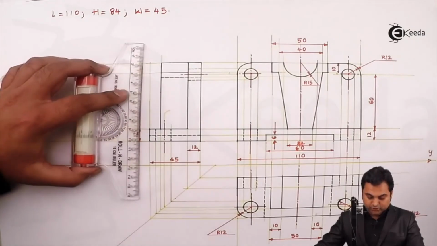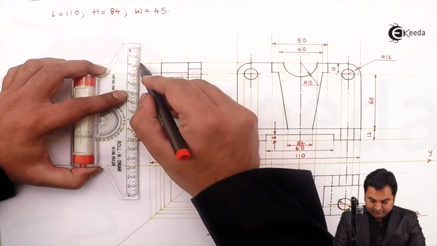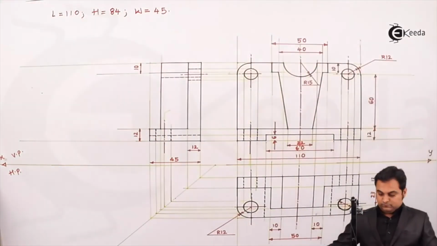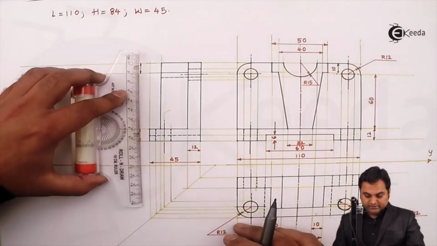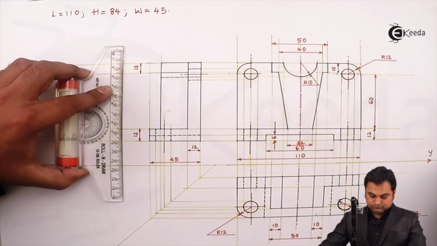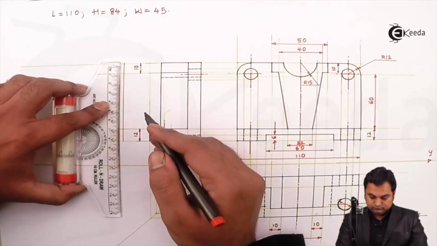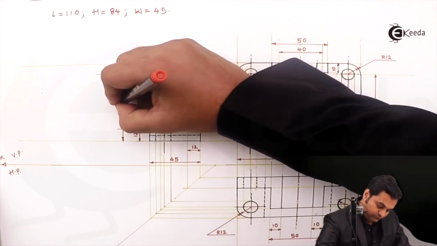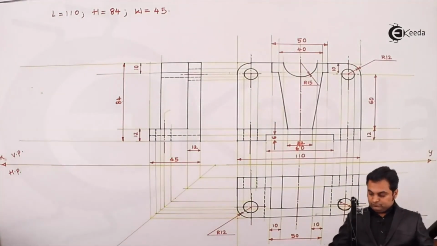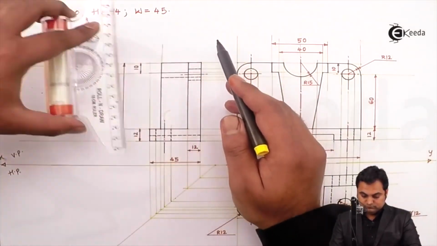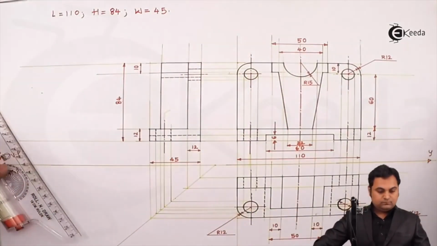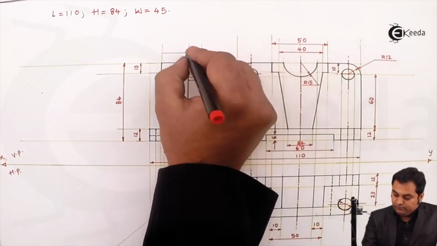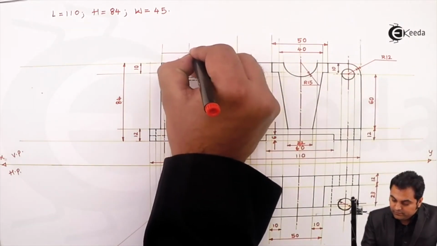Then the rectangle at the top has a height of 10 mm, and the total height is 84 mm. Here the width is 12 and 23.